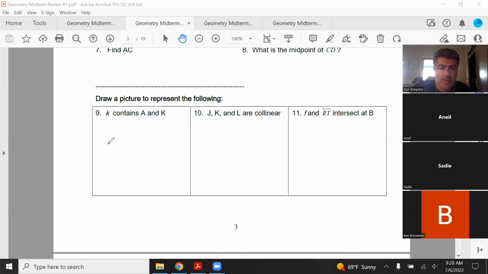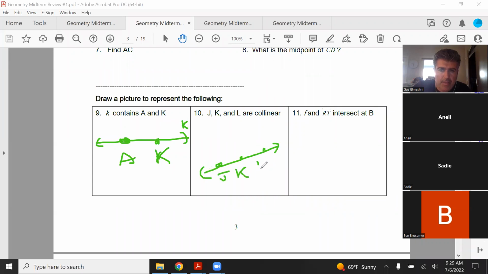Draw a picture that contains line K, I assume it's a line. So here's line K, lowercase k. J, K, L are collinear, so they're all on the same line.